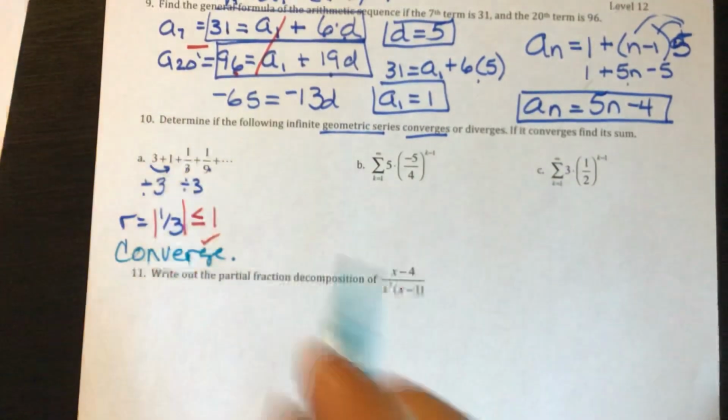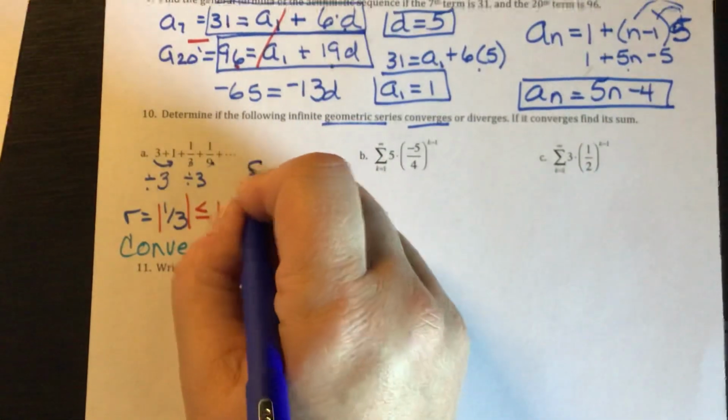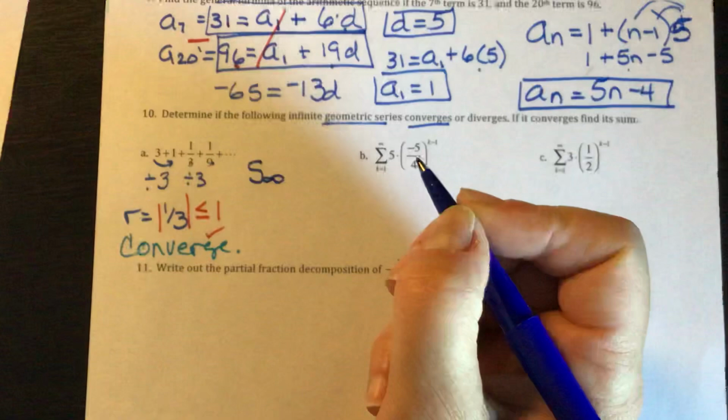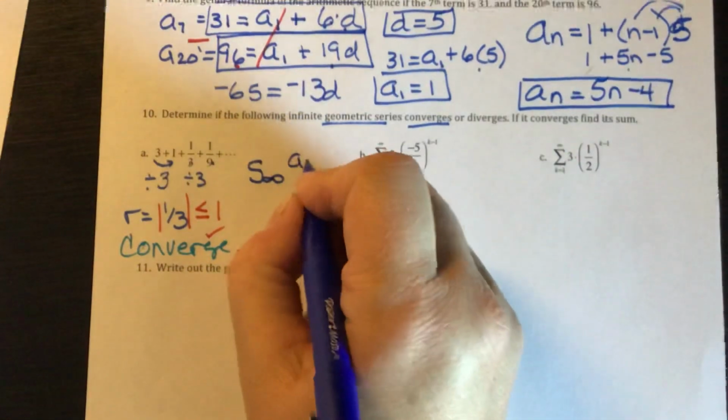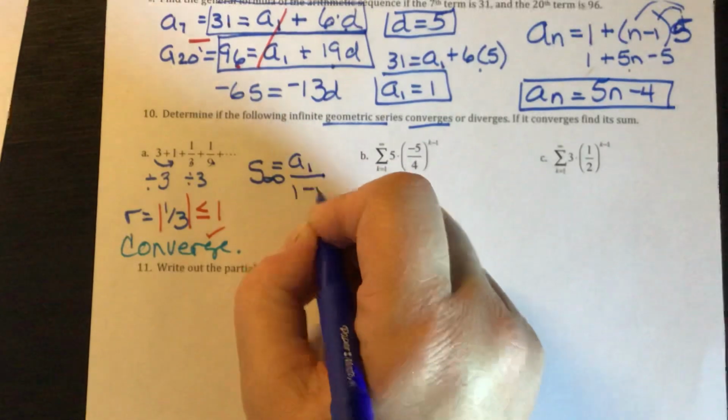And if it is going to converge, then we have a formula to find the sum of all those terms: a sub 1 over 1 minus r.